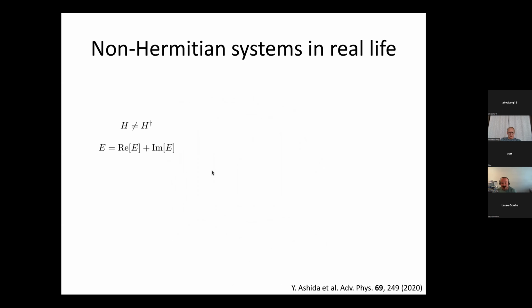And the real part encodes the excitation energy of a particular mode, whereas the imaginary part encodes the decay or amplification rate of this mode. So from a physics perspective, you usually think of non-Hermitian Hamiltonians as systems which have some kind of coupling to external degrees of freedom, such that their modes can have decay and amplifications. And there are many ways to do this.